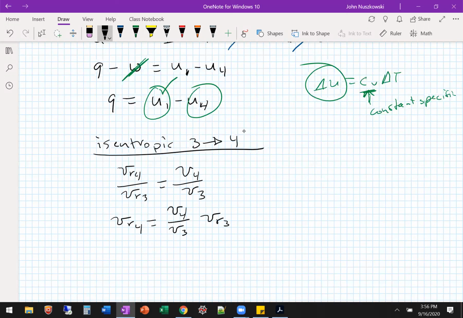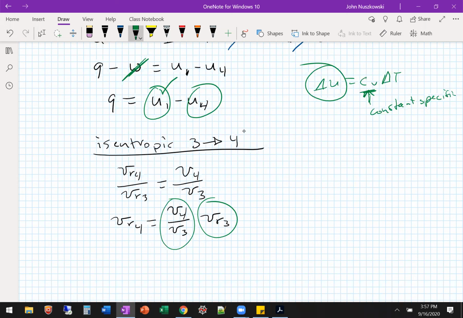All right, so we need to figure out everything here. Can we get the relative specific volume at state 3? How did we get it for the other ones?